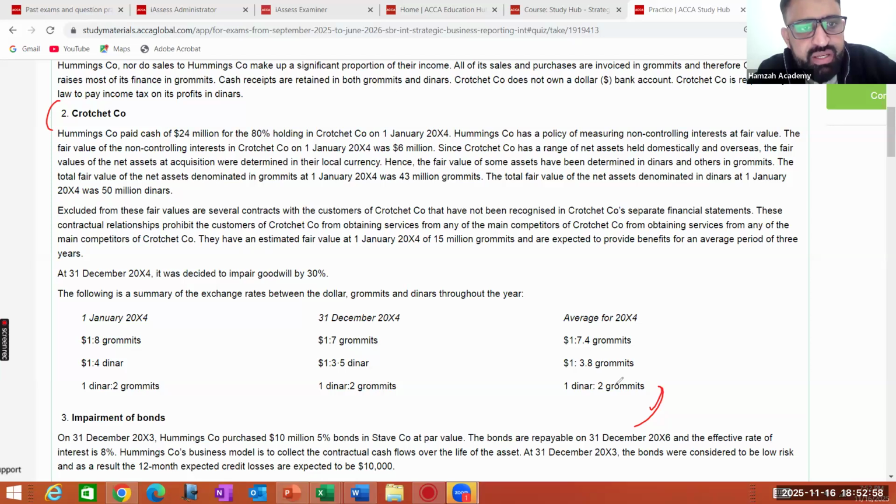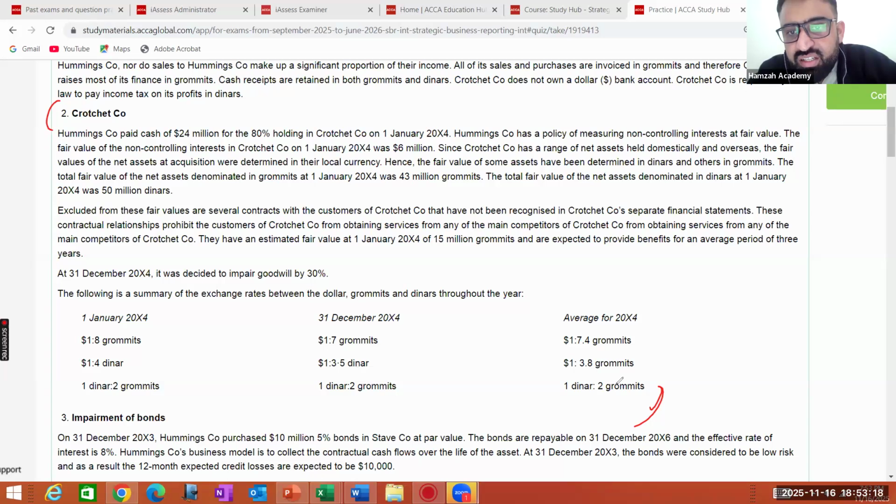So H company paid cash $24 million for 80% holding of the C company on 1st January X4. H company has a policy of measuring the NCI at fair value, and the fair value of the NCI at 1st January X4 was $6 million.